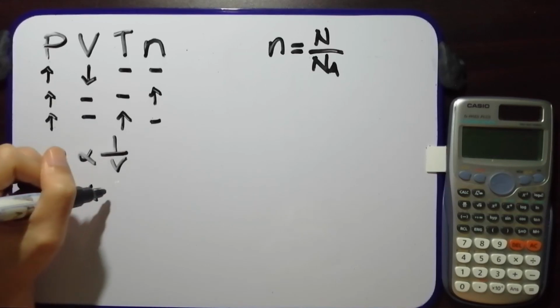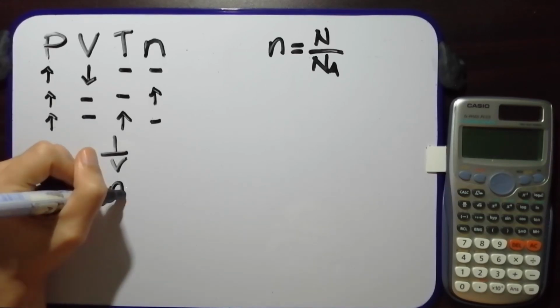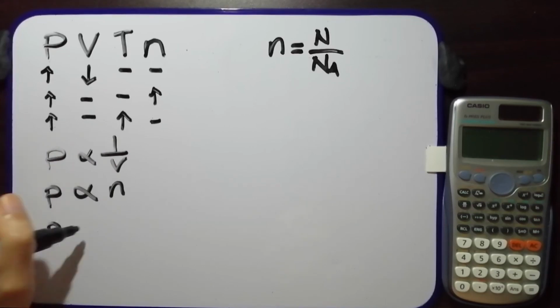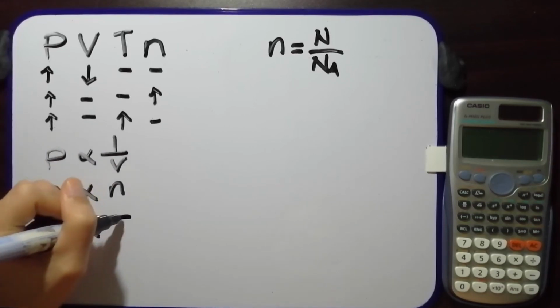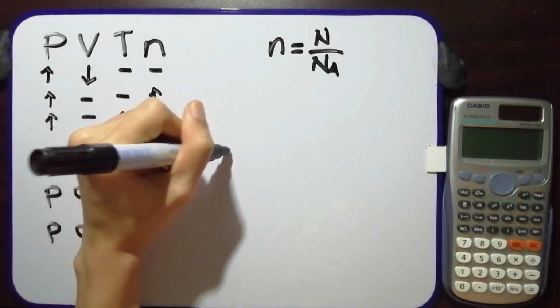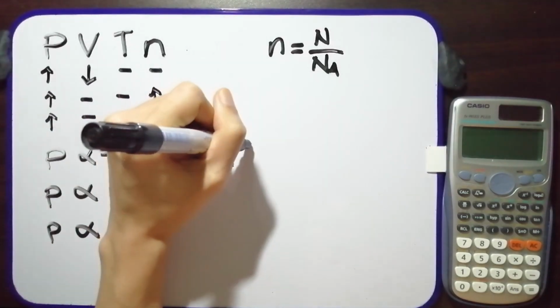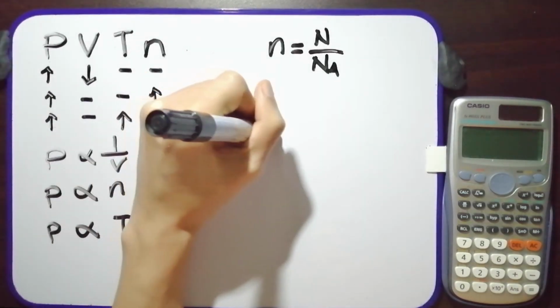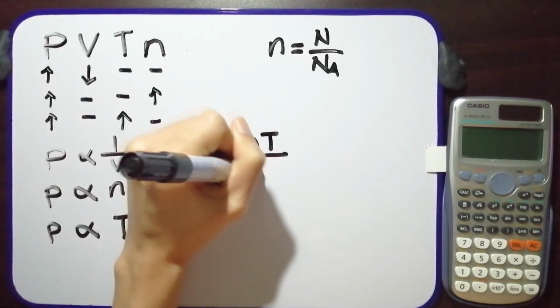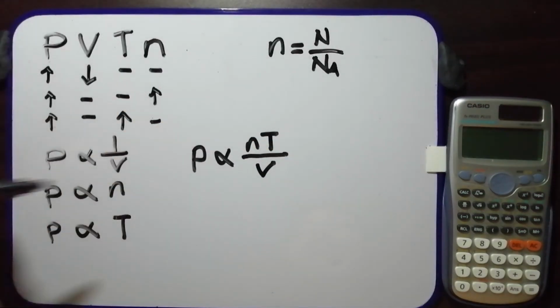Pressure is proportional to the number of particles, or number of moles in this case, and also pressure is proportional to temperature. Put them all together, you could say that pressure is proportional to the number of moles and the temperature, and it's inversely proportional to the volume.